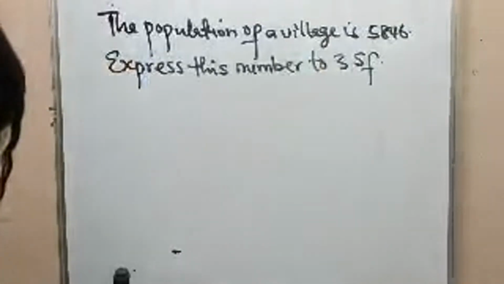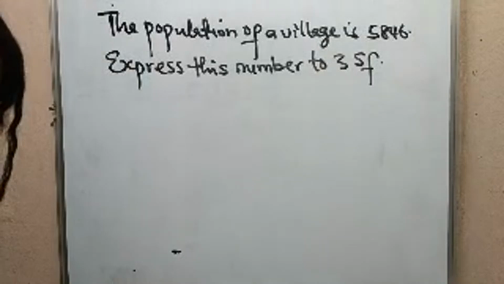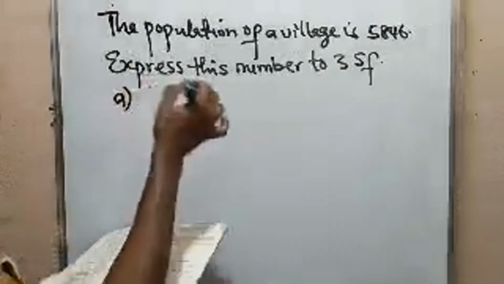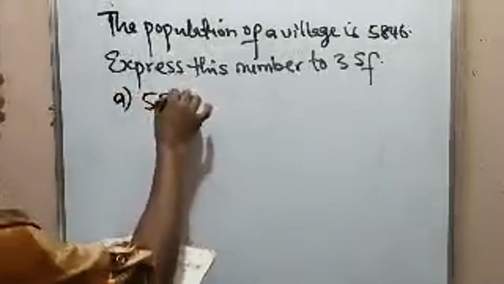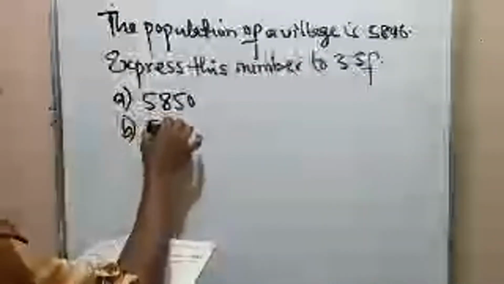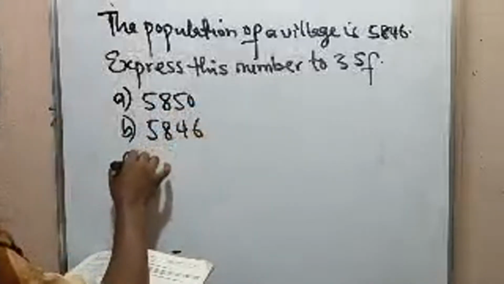Express this number to 3 significant figures. Now these are the options. Option A, we have 5,850. Option B, 5,846.